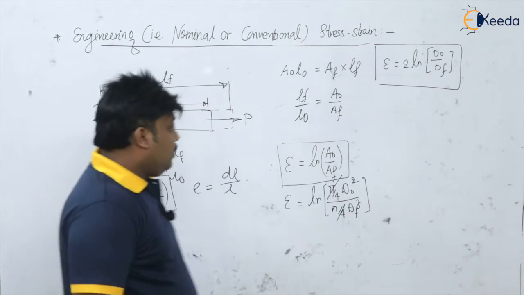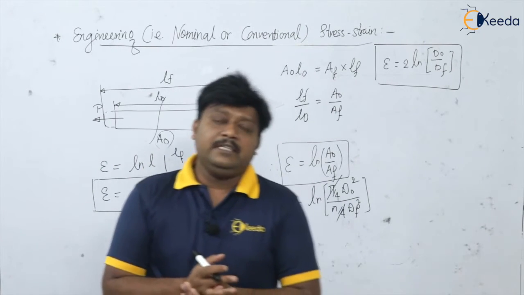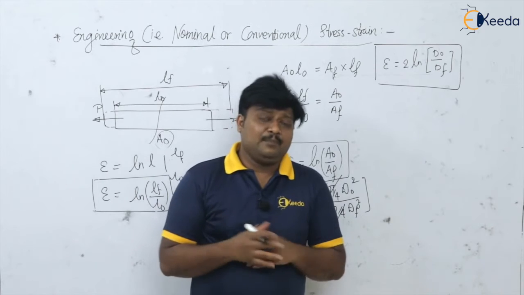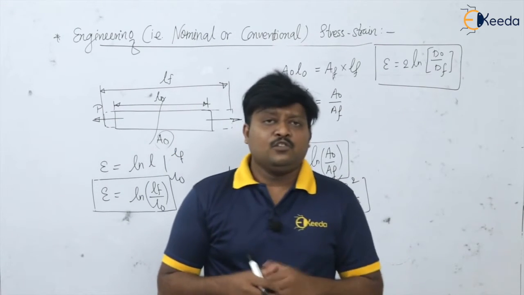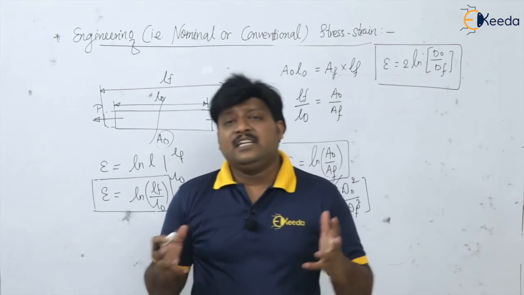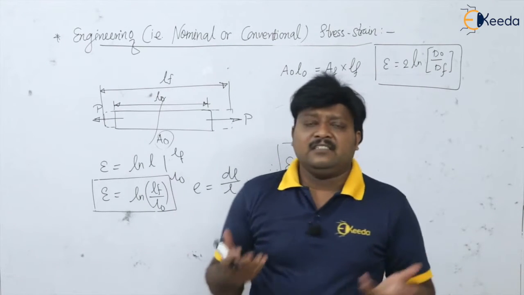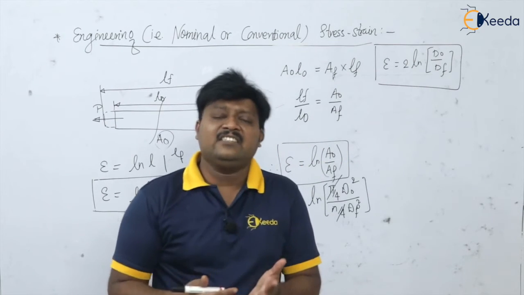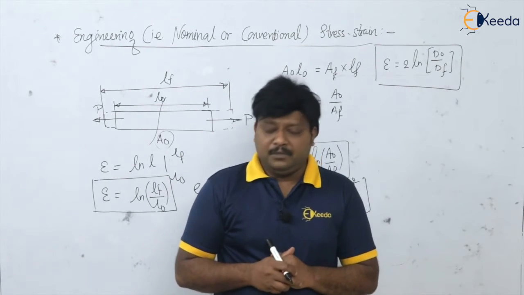Now see here, in metal forming, which stress takes us closer to reality? Which stress is more consistent with the physical phenomena, that we have to see, because both the strains are there, engineering is there and true is there. So let us take an example.